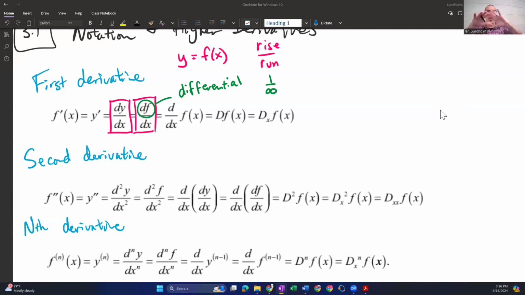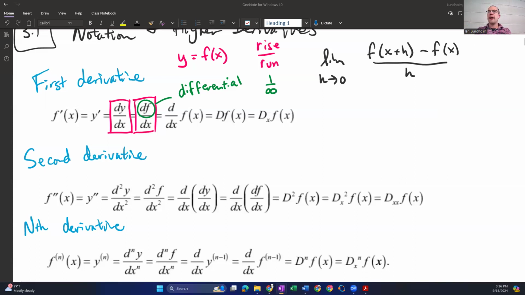And all of this happens because fundamentally, I guess it would be good to look at the limit definition real quick. Limit definition, h goes to 0. We've got a difference of y values on top of this fraction, and then h is its own difference of x values. And so where was I going with this differential?